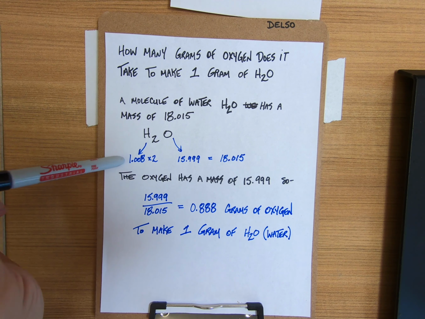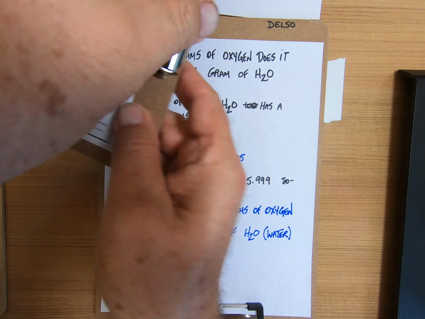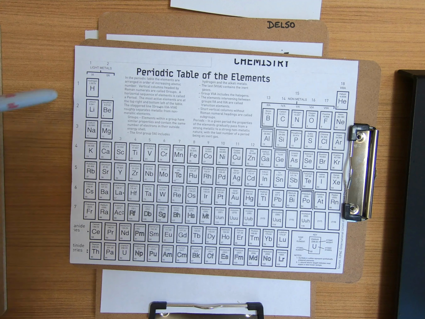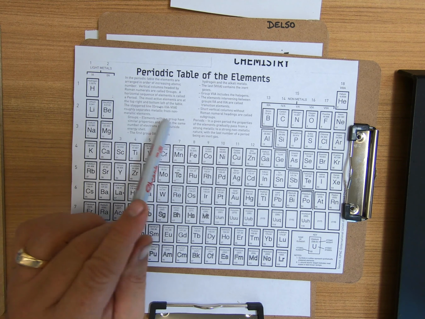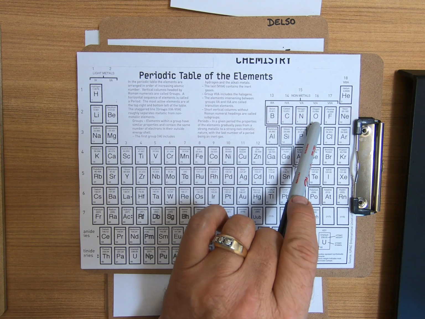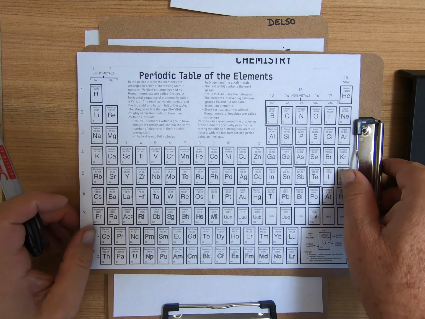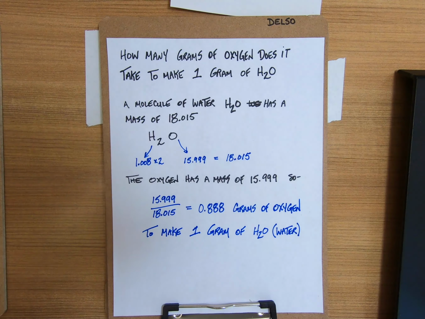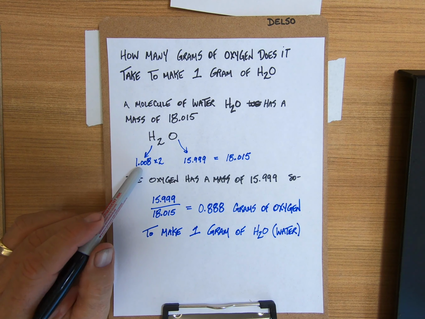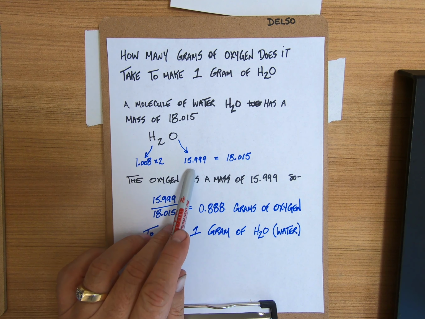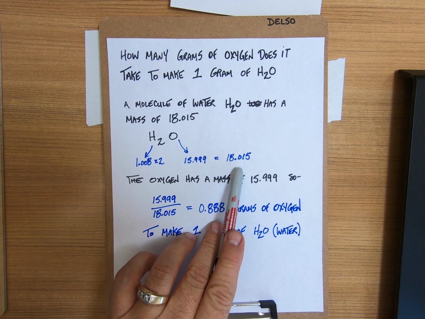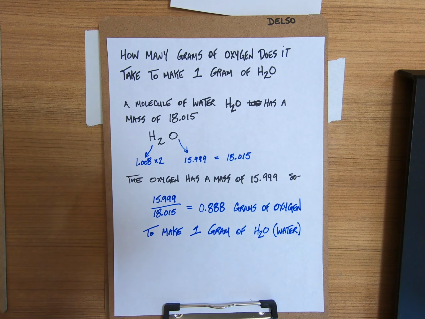For each of the hydrogens, when you look on your periodic table, that's the atomic mass number, 1.0079. We round to the third, it's 1.008. So we have 2 of those. And then we have an oxygen over here, and it's 15.999. We have 1 of those. There's the 1.008 times 2, and then we have 1 oxygen, 15.999. We add those together and get 18.015.